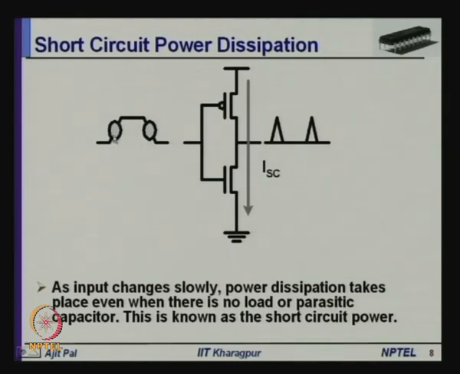In the middle portion, when the input is more than the threshold voltage of the NMOS transistor and also below VDD minus VTP, there is a short circuit between the supply voltage and ground. I have already mentioned it, and that power dissipation we shall compute now, known as short circuit power dissipation.